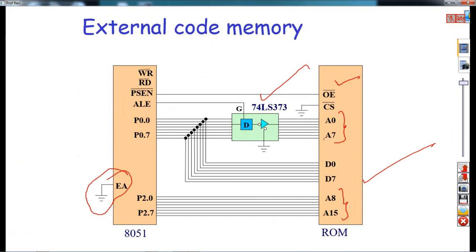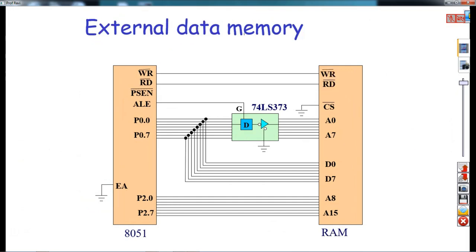The data bus of the memory is connected to port 0, D0 to D7, and the addresses are connected after the latch. So this is external EEPROM or ROM interfacing with your 8051.